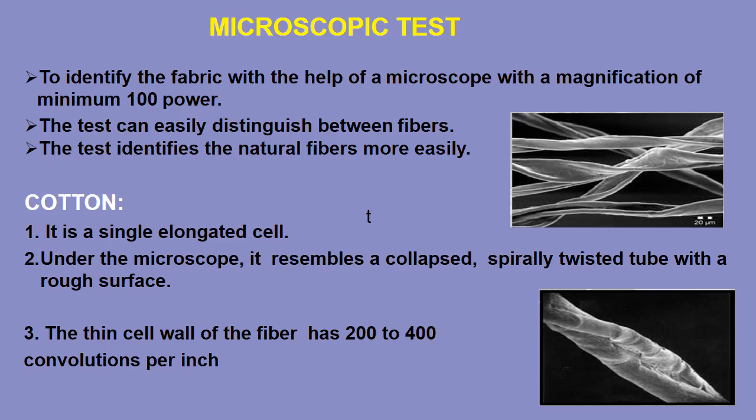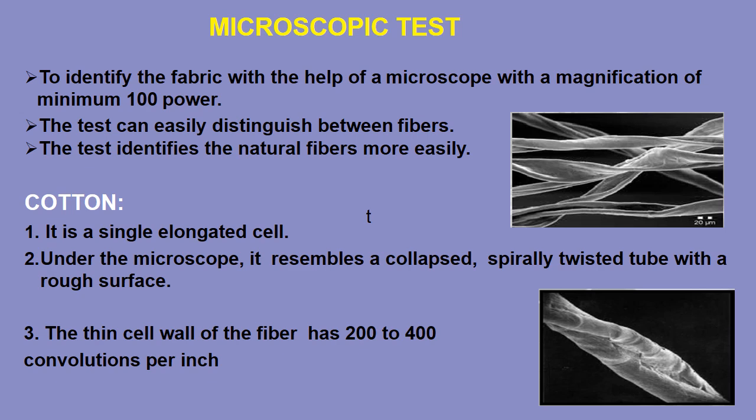So now we will discuss the microscopic test. Earlier we have seen the feeling test and burning test. More details we have discussed about burning behavior. In the microscopic test, we identify the fabric with the help of a microscope with a magnification of minimum 100 power.